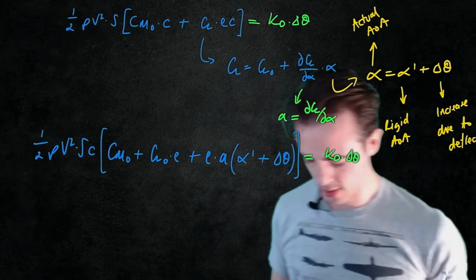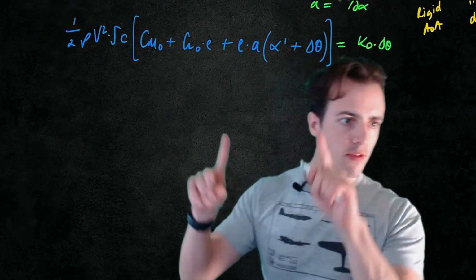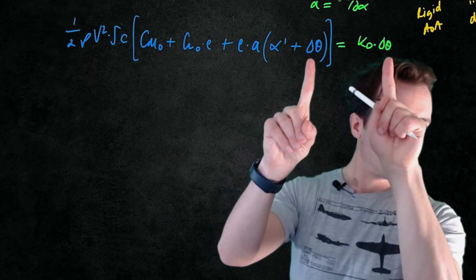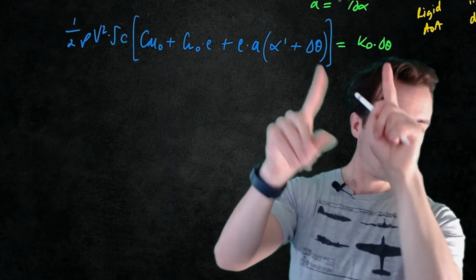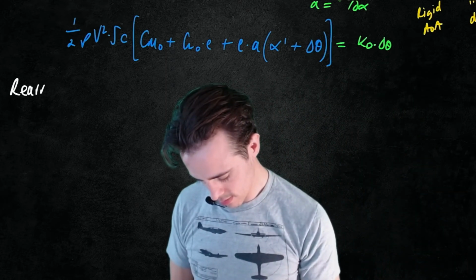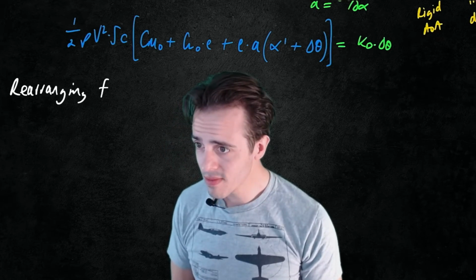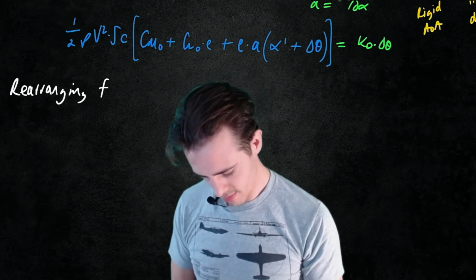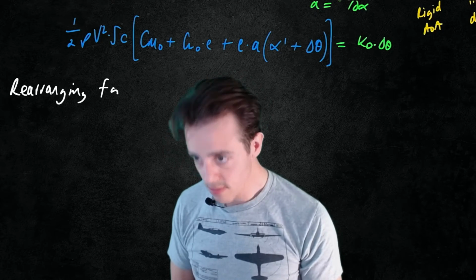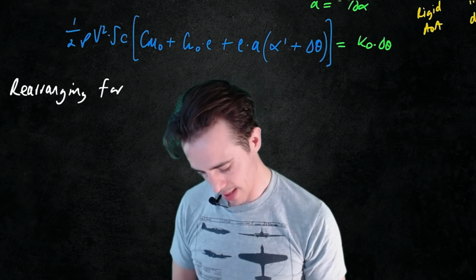There we go. Okay, A is just the lift curve slope for this problem. So now I've got it in this format. I want to rearrange for the increase in incidence, delta theta. I've done this quite differently in the notes, but it doesn't really matter.